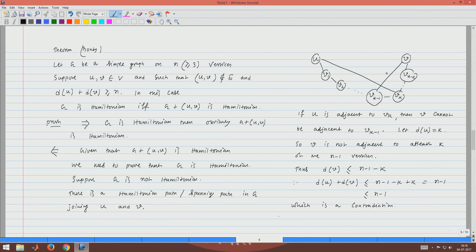So, G is Hamiltonian. This was a proof by contradiction. We assumed that G is not Hamiltonian, then we came to a contradiction that degree of u plus degree of v is less than or equal to n minus 1. So, finally, this assumption is not correct, G is actually Hamiltonian.